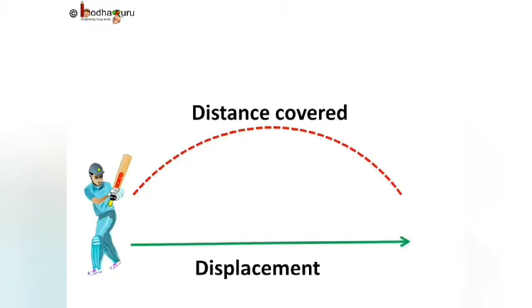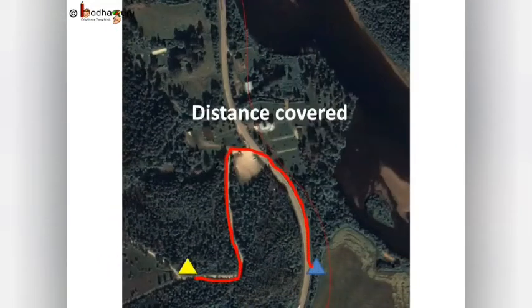Let's take some more examples. Say you want to go to your friend's house. Your house is represented by the blue triangle on this map and your friend's house is the yellow triangle. If we talk about the distance, you need to go more than 6 to 7 kilometers as you are traveling through the road.